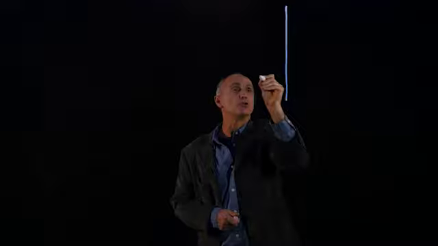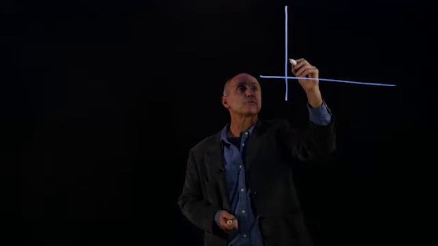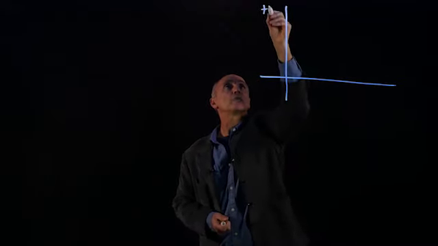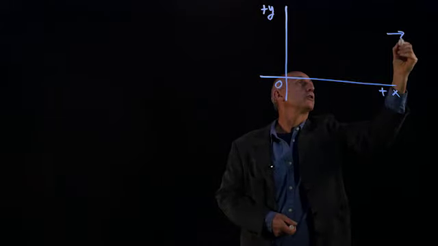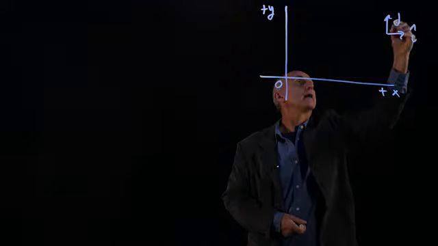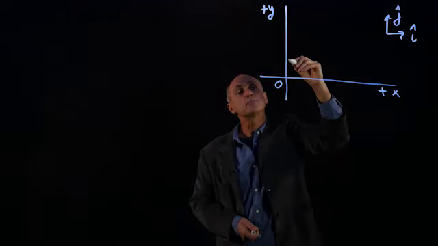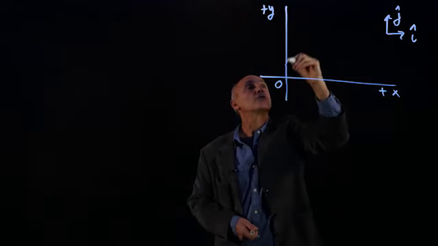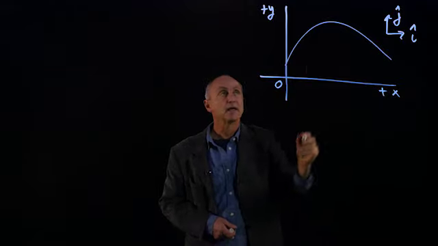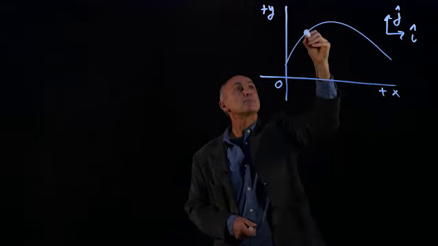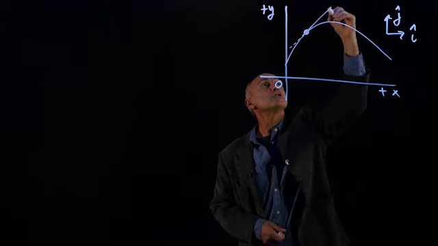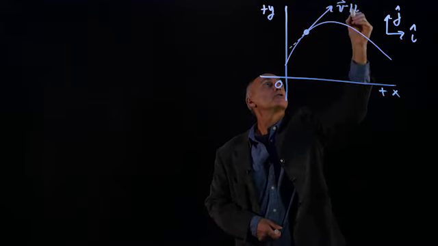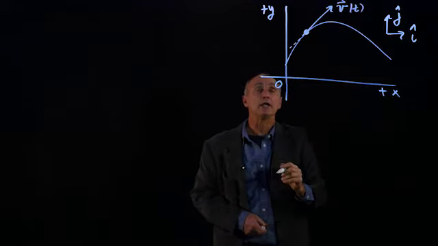So far, we've looked at a trajectory in 2 dimensions. Let's again consider some type of motion where we choose a positive y-axis, a positive x-axis, an origin, unit vectors i hat and j hat, and we'll have some type of trajectory where our object is moving like that. We know that at this particular time, the velocity is tangent to this trajectory at that point.